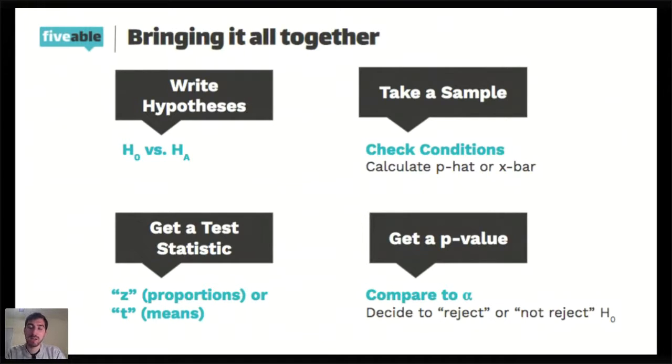And then there are two main types of chi-squared tests you have to be able to do. So there's what's called a chi-squared test for goodness of fit, and a chi-squared test for independence. And I guess there's technically one called homogeneity, but I haven't seen them ask that on an AP exam ever.